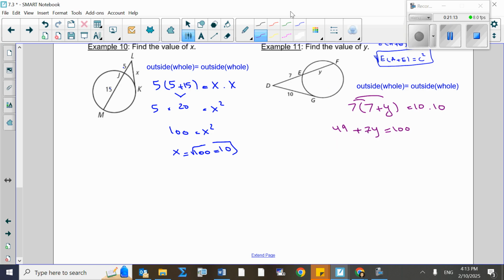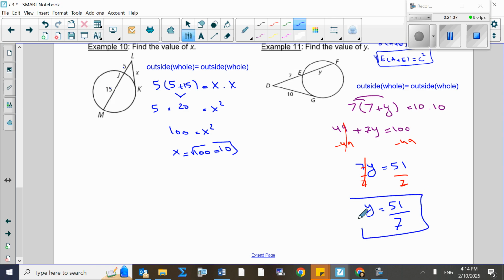Now subtract 49 from both sides, and then 7y is equal to 51. And then divide both sides by 7. They cancel. And y is equal to 51 divided by 7. That's your answer.